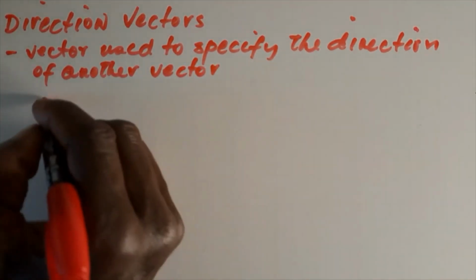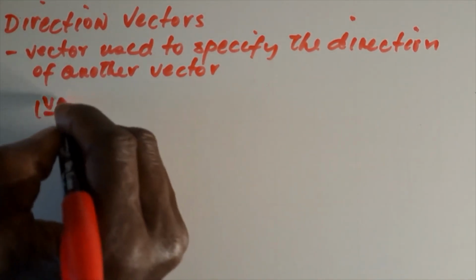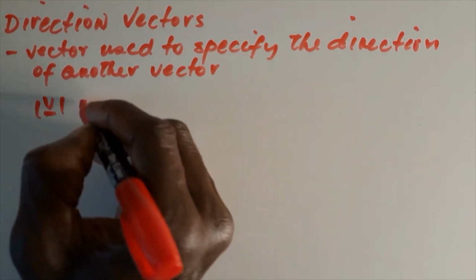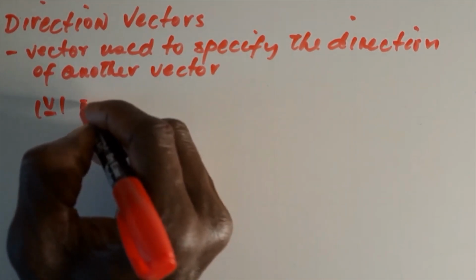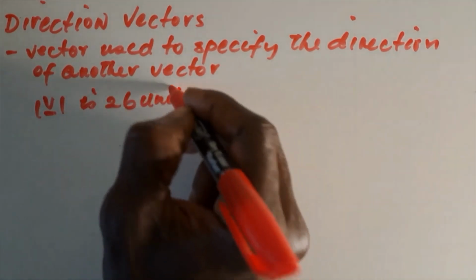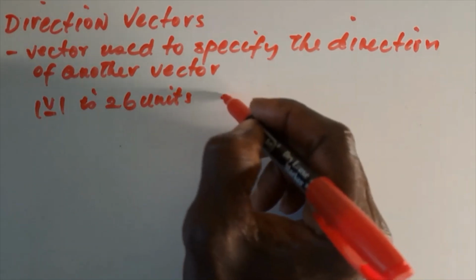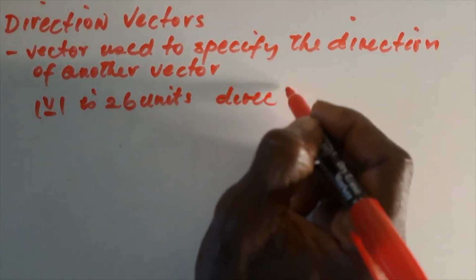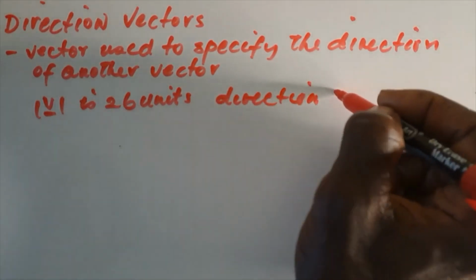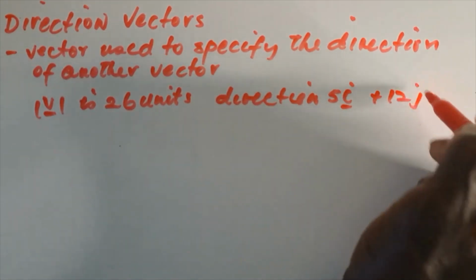For example, if we have a vector v, the magnitude of vector v is 26 units, and it's in the direction of the vector 5i + 12j.